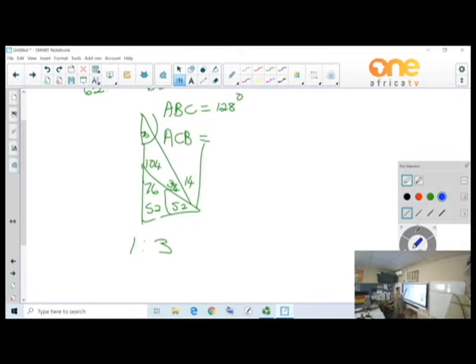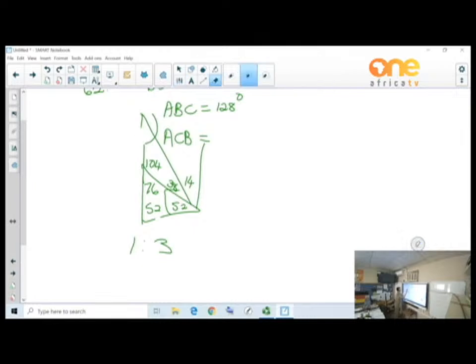Kyk, ek het hier probeer wys, die hele angle is 76, so wat jy nou sê is hierdie enetjie, is eintlik dan net 38. Ja, dan gaan hy ook 38 wees. Ja, the whole angle is 76.